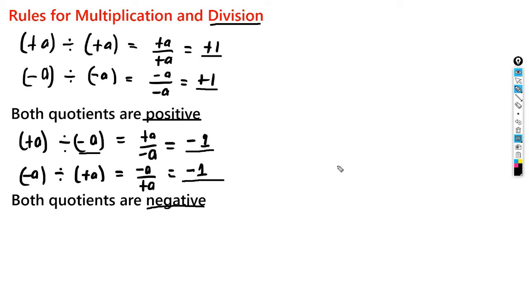All right, so let's do some more examples. Let's say you have b squared divided by negative b. The answer would be negative b. This b would cancel this b, and you'd end up with negative b, right? Which is shown here.